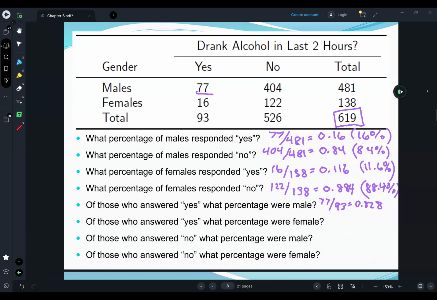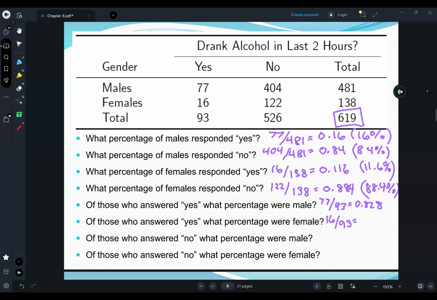All right, so let's try the next one. Of those who answered yes, what percentage were female? It's similar, but it's going to be of the females. Exactly, 16 is in the numerator, 93 the denominator.